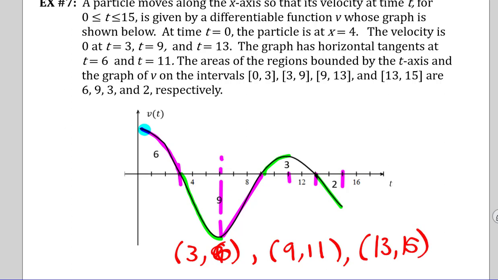And this is because the sign of both velocity and acceleration are the same on those intervals.